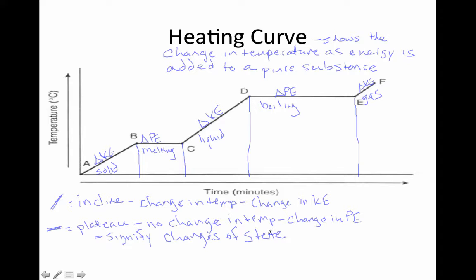And what's happening to the particles in a heating curve on those changes of state is that the particles are being separated, or the forces of attraction are getting weaker.